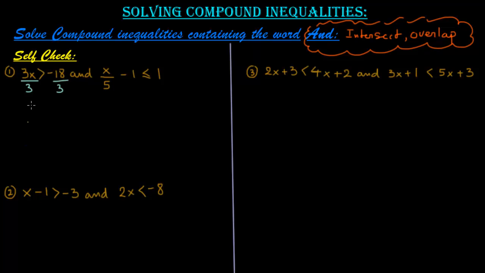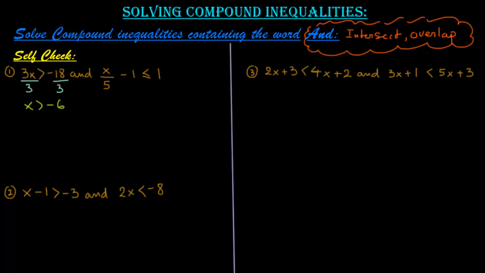We will have x greater than negative 6. As you see, even though the right side is a negative answer, we still don't flip the inequality sign. Keep in mind, we flip the inequality sign when we divide or multiply by a negative number. Since we just divided by a positive, the inequality sign stays.